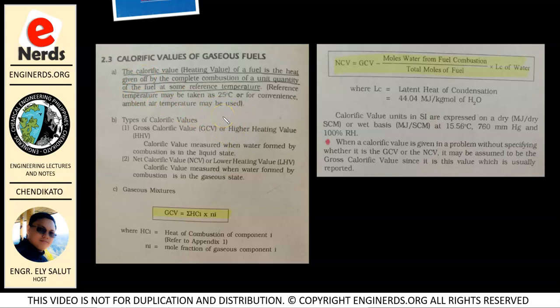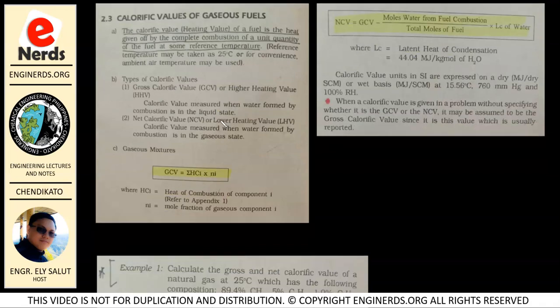Okay, so that is what we call calorific values. And there are two types of calorific values. We have the gross calorific value, GCV, or higher heating value, which is HHV. We also have the net calorific value, NCV, also called the lower heating value, LHV. So what is the difference between them? Our gross calorific value is the calorific value measured when the water formed by the combustion is in liquid state.